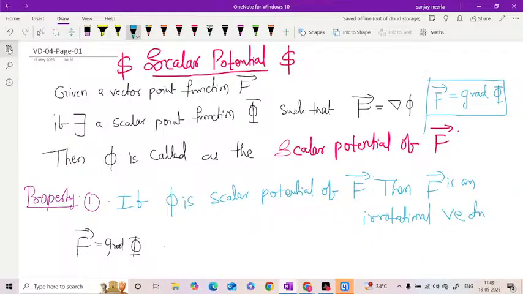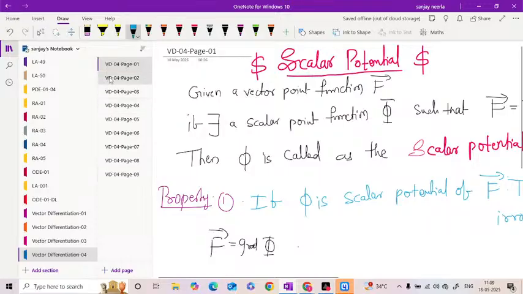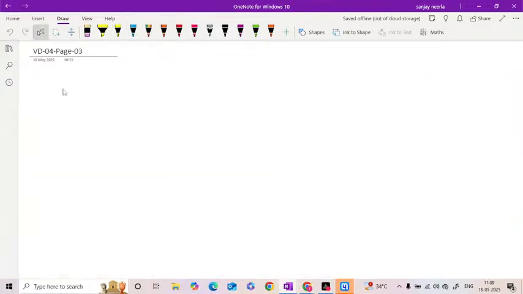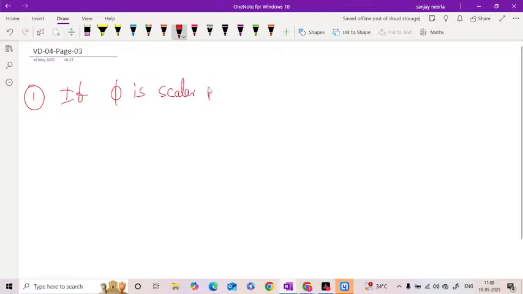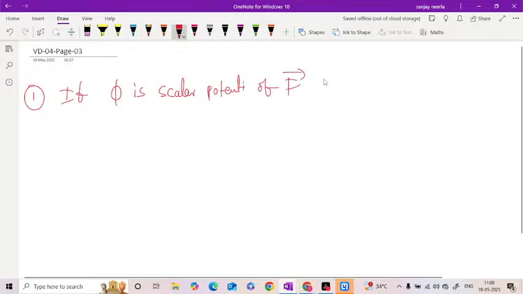What is the converse of this statement? The first statement: if pi is a scalar potential of f, then definitely f must be an irrotational vector.